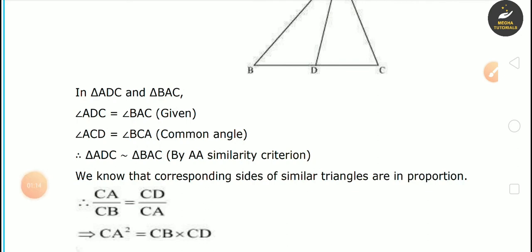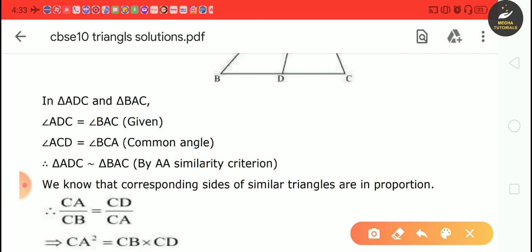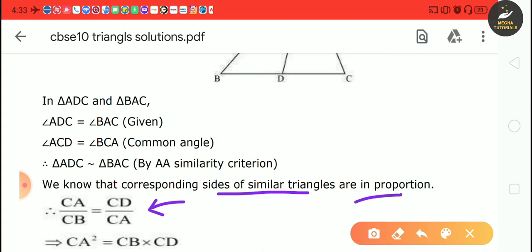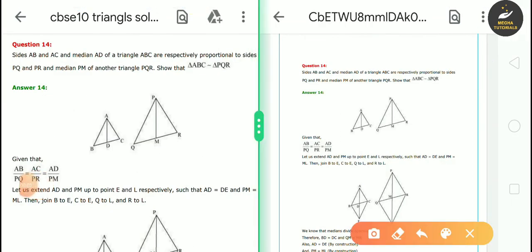Now since triangles are similar, we can take corresponding sides in the same proportion. Therefore, we can write CA upon CB is equal to CD upon CA. Then using cross multiplication, we can write CA square is equal to CB into CD. That is required proof.